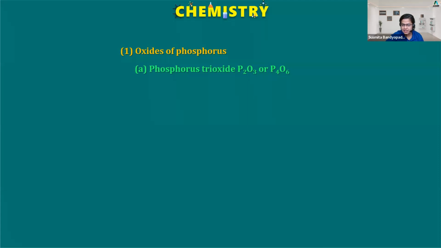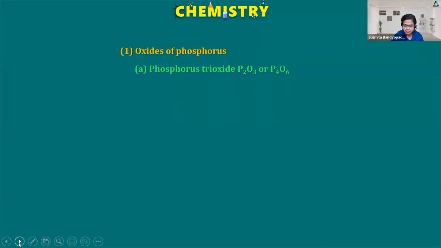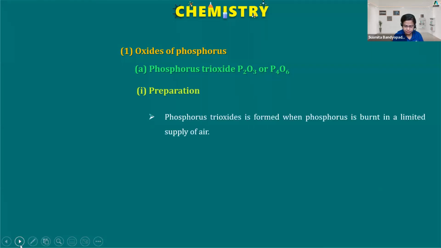Fine. Okay, so let's continue our discussion with the oxides of phosphorus. We'll start with phosphorus trioxide, P4O6. Preparation is very simple. When you burn phosphorus in a limited supply of air or oxygen, phosphorus trioxide is formed.